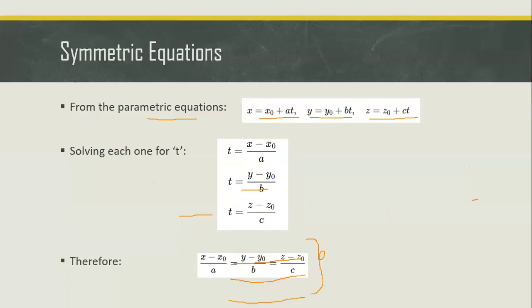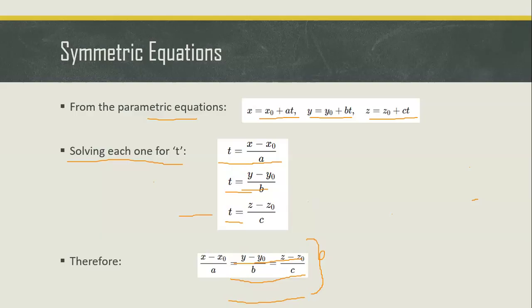Now, to derive the symmetric equations, we solve each one of the parametric equations for t, like we make t the subject of the formula. So for the first one, we have t is equal to x minus x0 over a. The second one, t is equal to y minus y0 over b. And the third one, t is equal to z minus z0 over c.